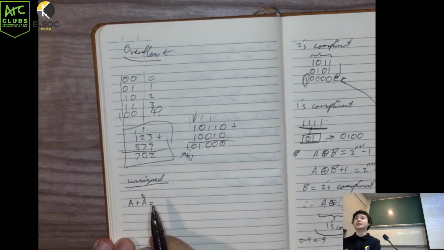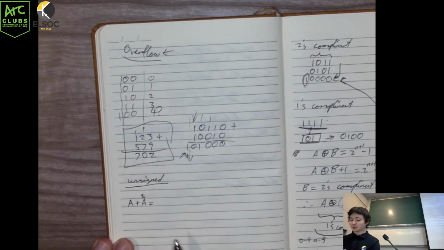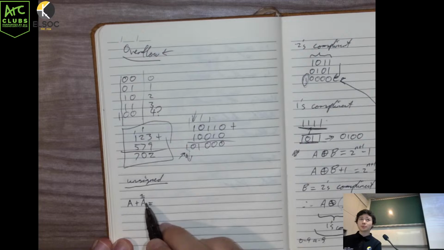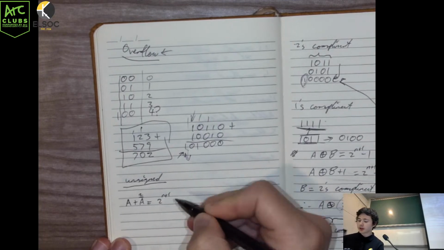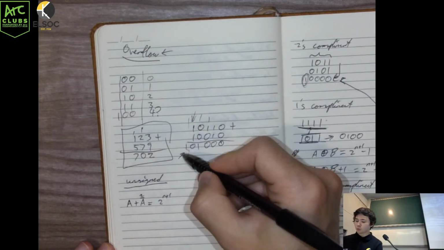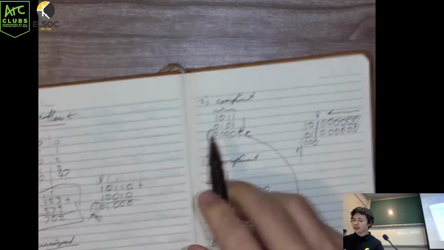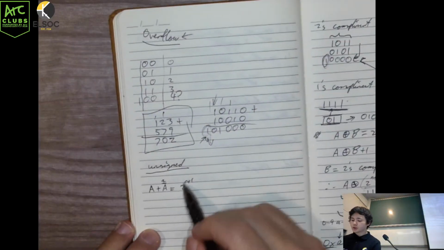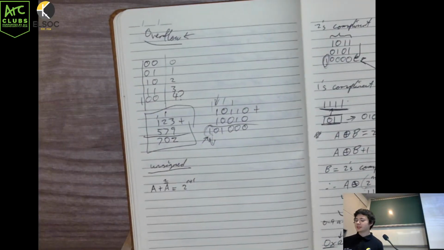I'm going to denote it like that. It's probably not officially denoted like that. They usually use words, but I'm going to call it that because I'm a bit lazy. So if I do a plus the 2's complement of a, I should arrive at 2 to the n plus 1, where I have this 1 existing out the front, and then the rest are trailing zeros, as we've seen previously.